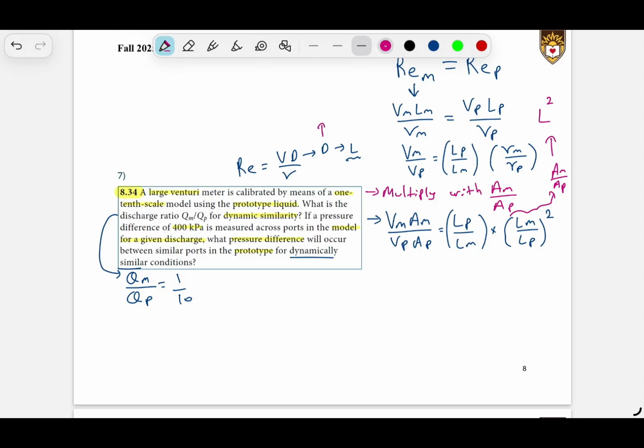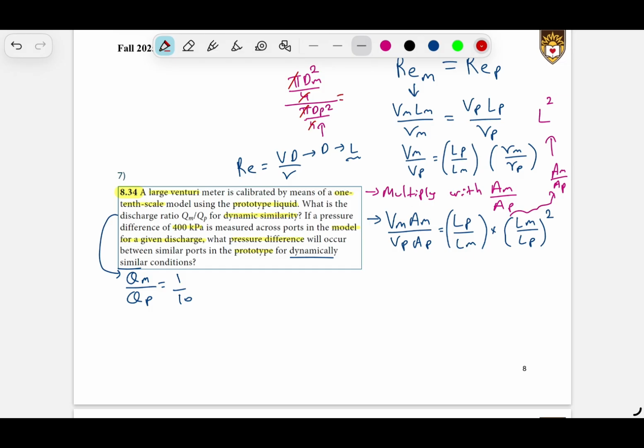For example, if you say we have a circular shape and we are using D as the dimension. So for example, you can say pi D square over 4. Let's say this is M. And pi D square over 4 again. So here these will cancel each other out.